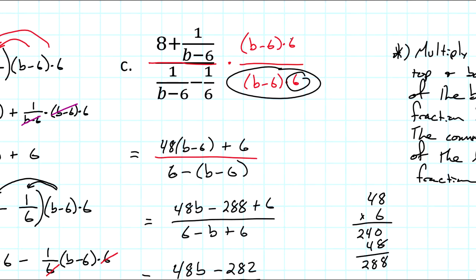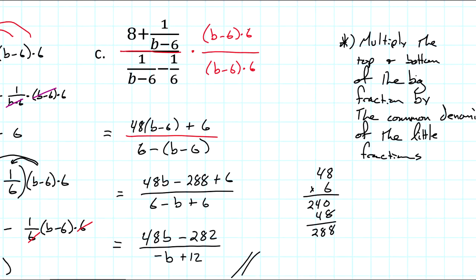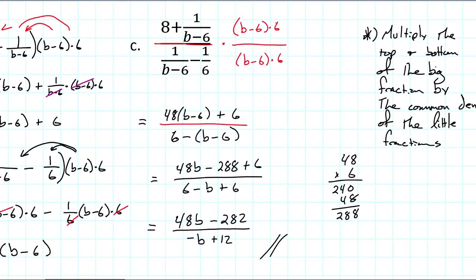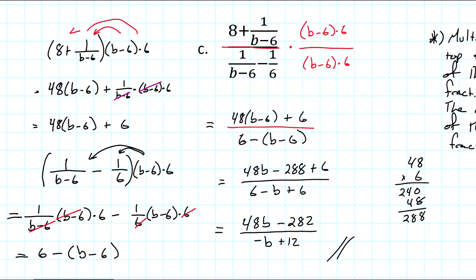In the second term, when the minus comes down, the 6's cancel in that second term, leaving us with just the b minus 6 that we see there. So as we do this, we can start seeing how to get through it quicker so that we don't have to also do all this work off to the left, which is obvious.